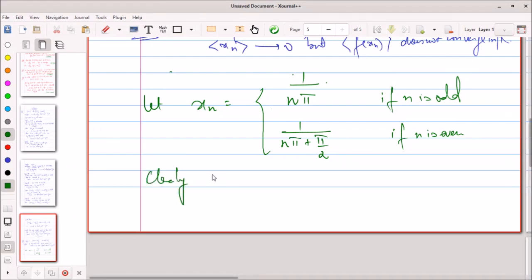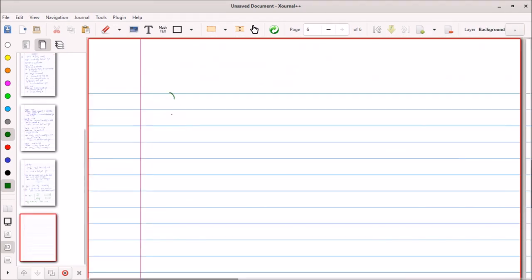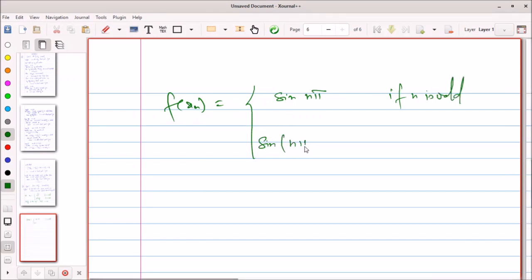For this sequence, clearly x_n converges to 0. Now what is f of x_n? Let us see. f of x_n is equal to sin(n pi) if n is odd, and sin(n pi plus pi/2) if n is even.